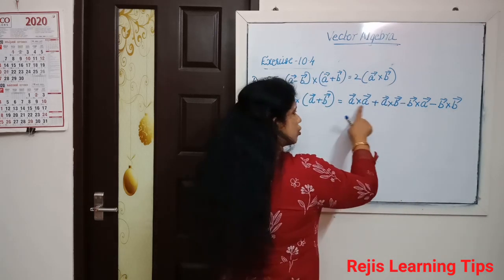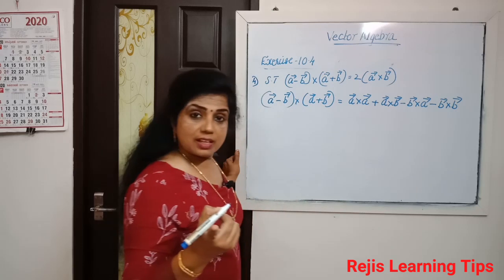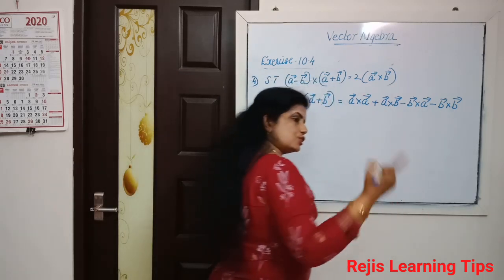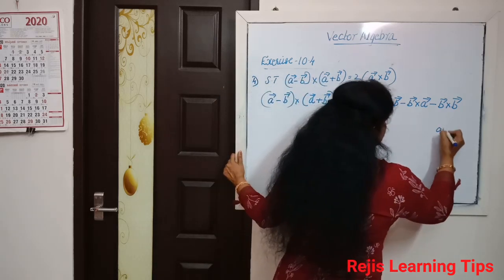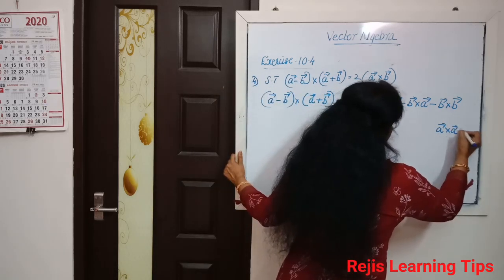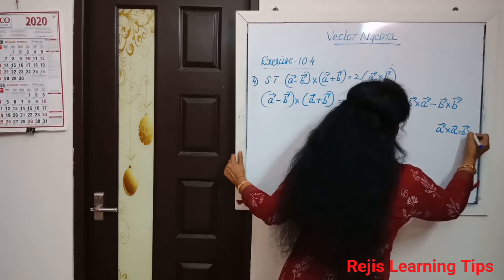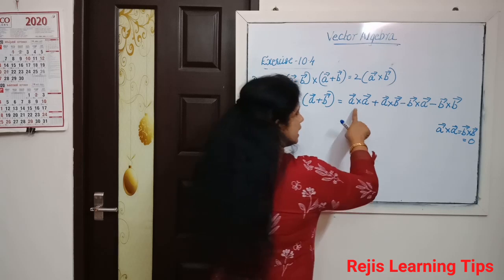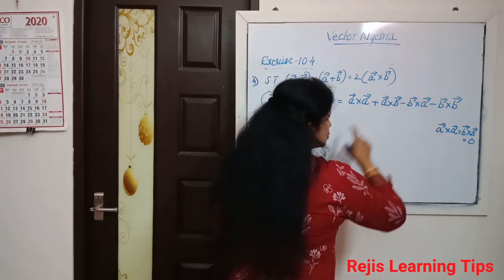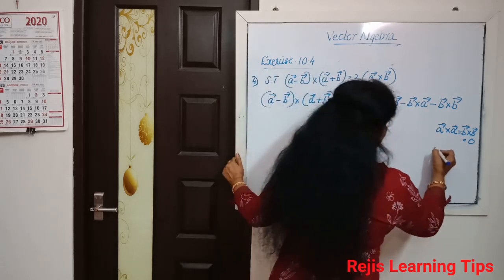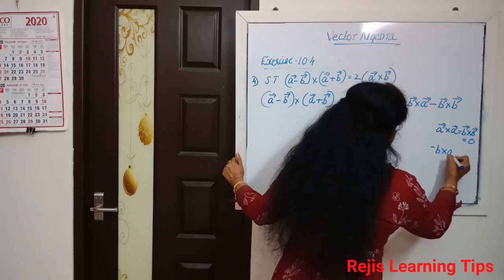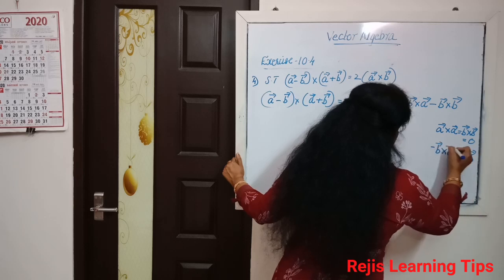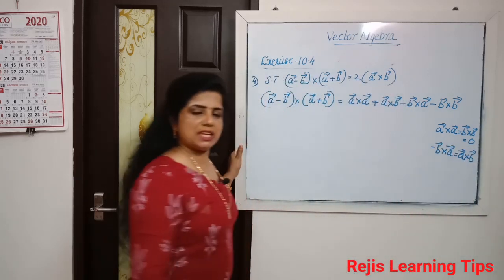We know A cross A, that is equal to, correct, 0. So B cross B also 0. A cross A, that is equal to B cross B, that is equal to 0. Okay, here we can write 0 and there also 0. Then you know minus B cross A is equal to A cross B.